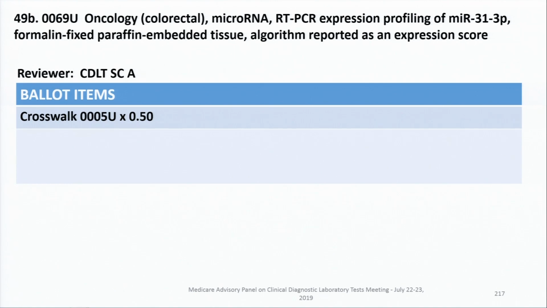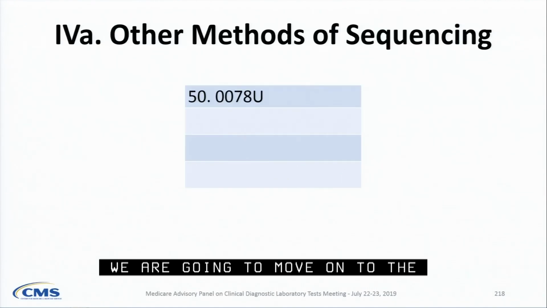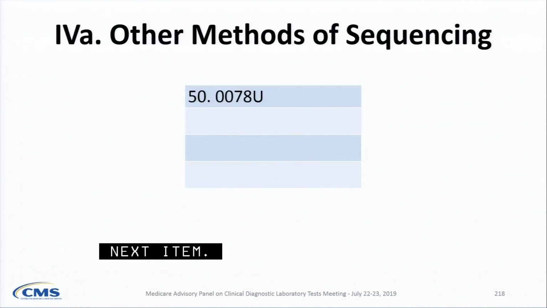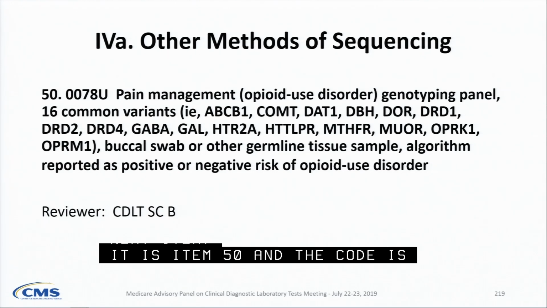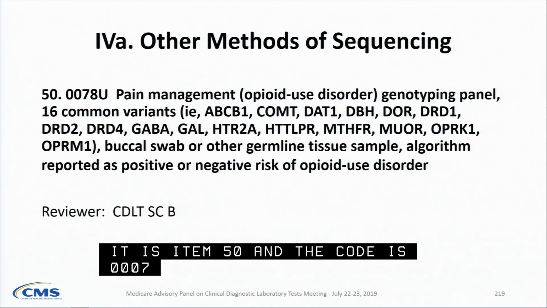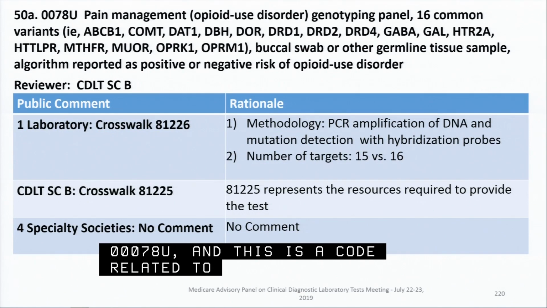Okay, so we're going to move on to the next item, which is item 50, and the code is 0078U. And this is a code that's related to pain management, and the subcommittee that reviewed it was subcommittee B. So I'm going to turn this over to Dr. Chandra. Thank you, Karen.